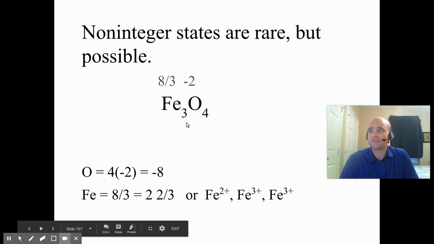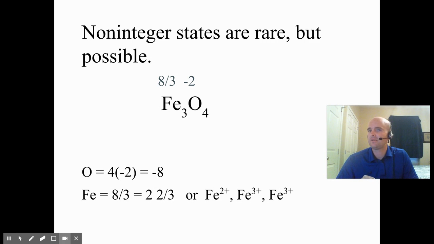This is found in the Earth's core a lot, iron oxide, and the 3 plus ions are actually more common than the 2 plus ions. It's a cool little thing. Very rare. I don't think they've ever actually put it on the AP test, but it's possible.